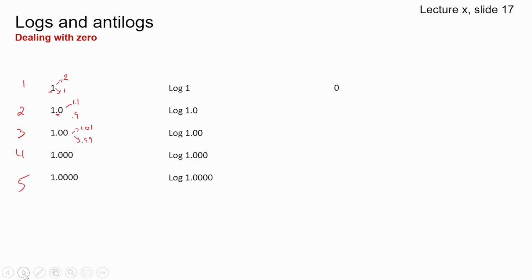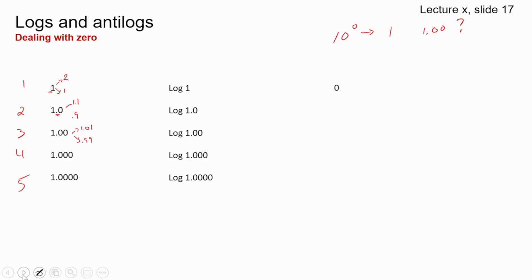Okay, so all of these are going to return 0. So how do I tell how many sig figs there are? If I want to go backwards, if I want to take the 0 and go 10 to the 0, how do I know I can stop at 1 or do I have to go to 1.00? How do I determine that? How do I count significant figures in 0 in a logarithm?